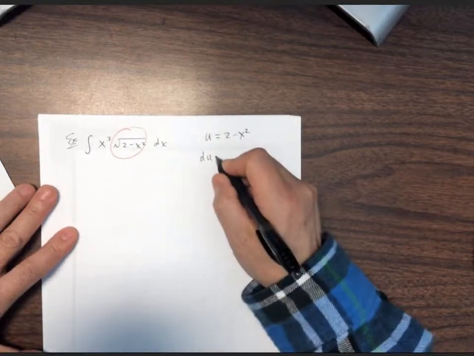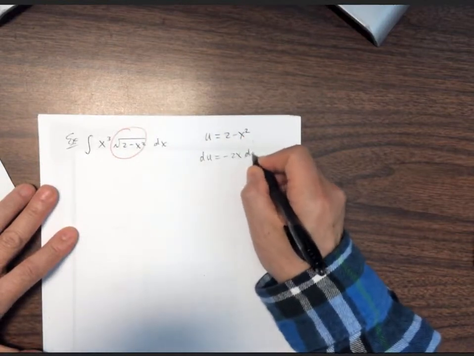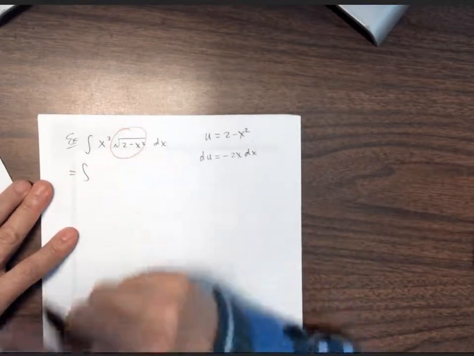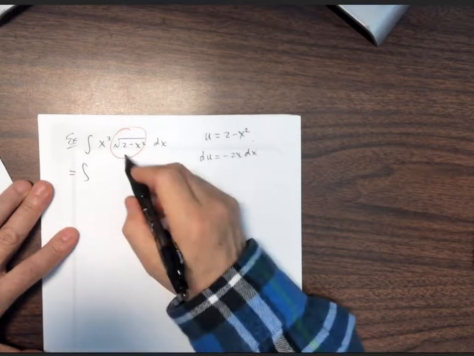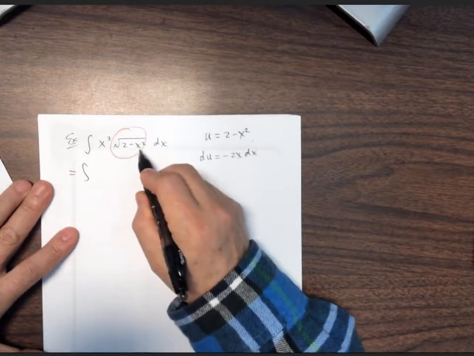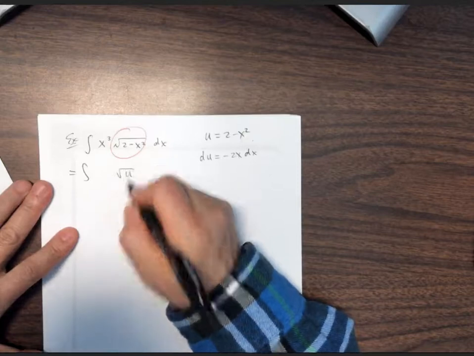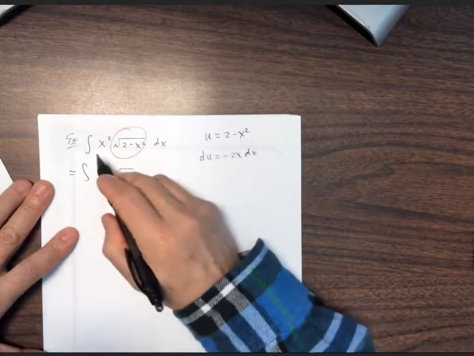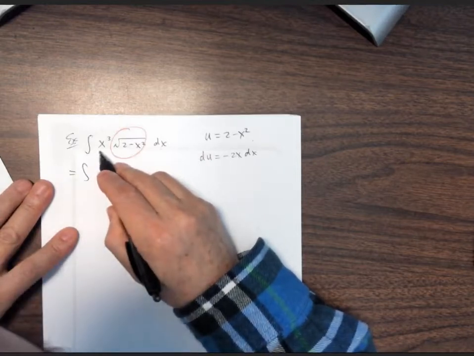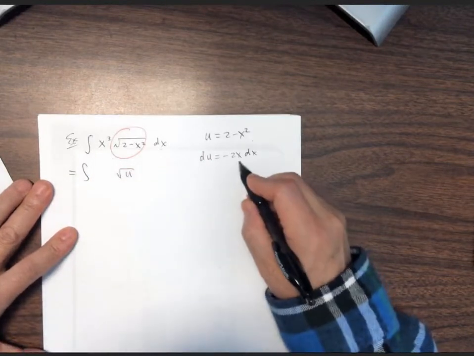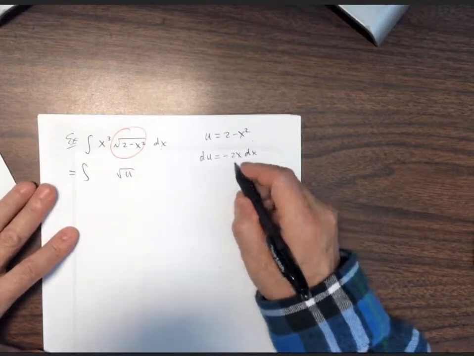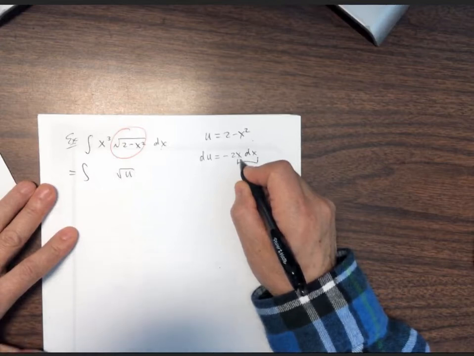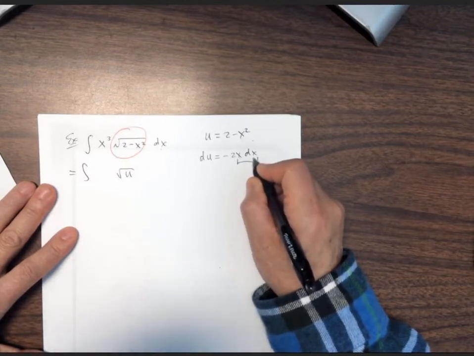With this substitution, du equals negative 2x dx, right? So let's see what it means. The square root of 2 minus x squared becomes square root of u. There's dx, and there's x to the third power we want to get rid of. Unfortunately, from the differential identity, we can only use one copy of x with the dx.